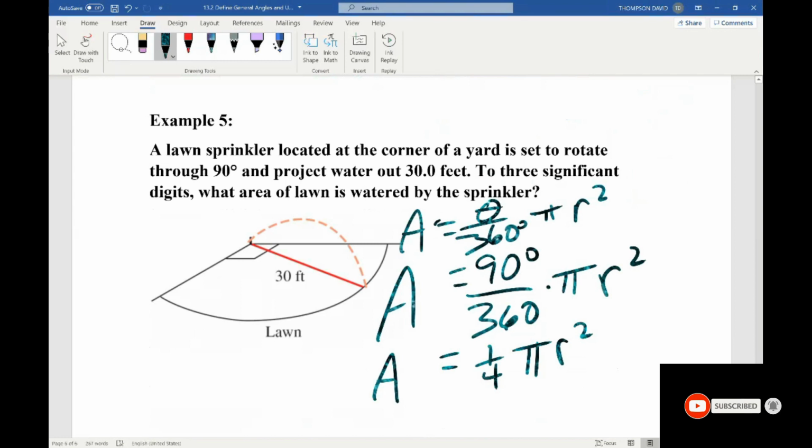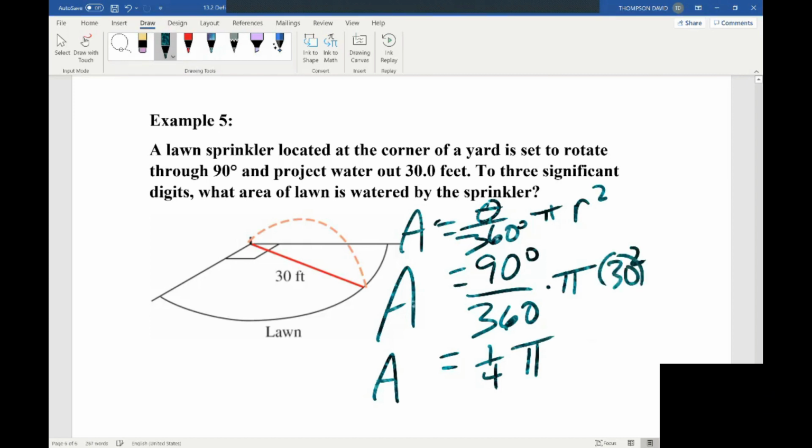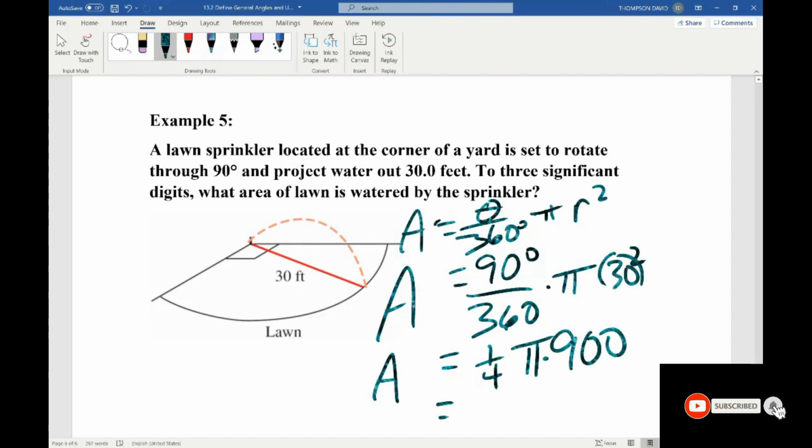So that means our radius is 30 feet. And 30 squared is 900. So what we'll have to do is just multiply. 900 divided by 4 is 225, so we have 225 pi.